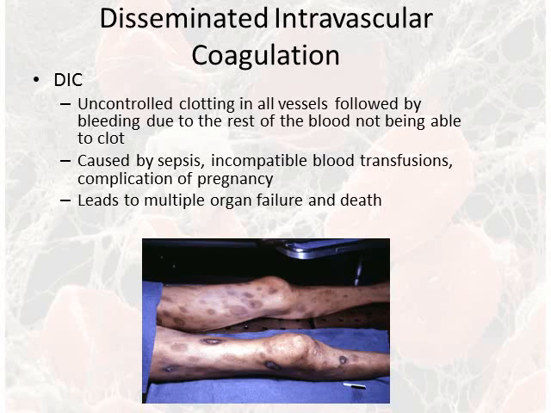And so we have bleeding because all these blood vessels ruptured, but we can't clot the blood because all of the clotting factors were just used up. This leads to multiple organ failure and death. This can be caused by sepsis, which is just an infection in the blood, blood transfusions, and very rarely can happen due to pregnancy.